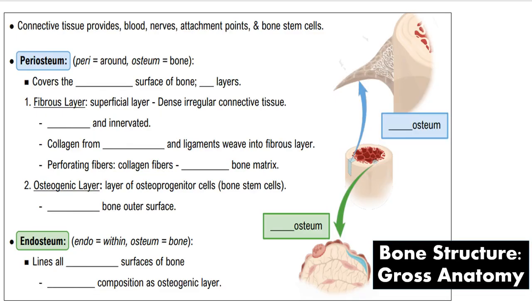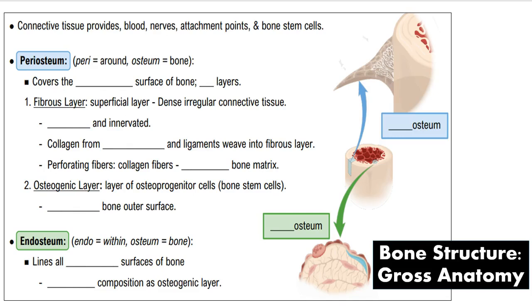We know that as far as organization, bones are made of spongy bone and compact bone. Now the question is, are they surrounded by anything? When we thought about our cartilage tissue, for example, we know that it has the perichondrium. So for example, elastic cartilage had perichondrium that helped supply those nutrients.